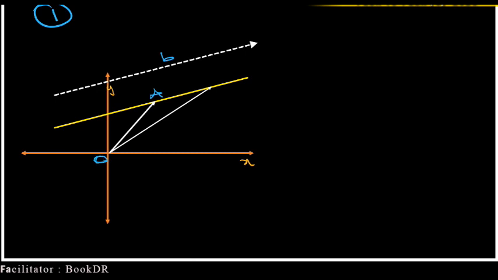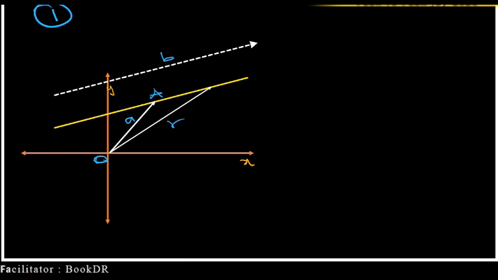This is the origin. Hence, OA is a position vector. So I can label here A. And this portion, let's call it R. A, R, and a portion of our yellow line forms a triangle.